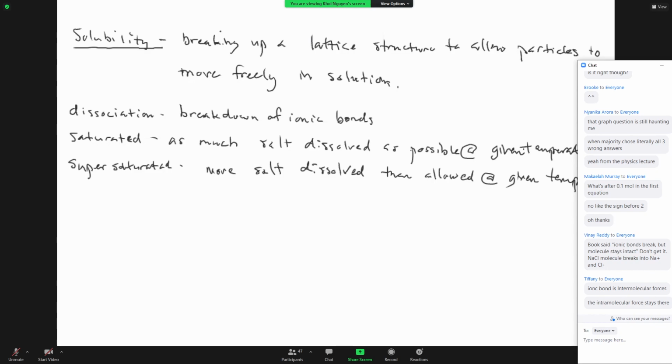The intermolecular forces will still stay there, but you're going to get it to dissolve because the water molecules will slowly break off each ionic bond and break it down over time.